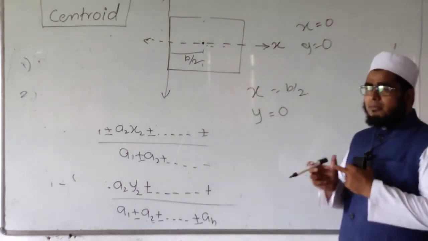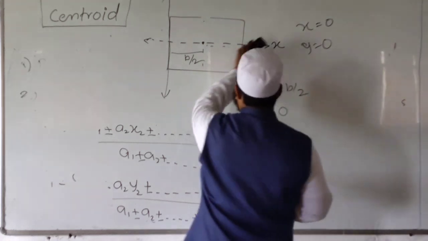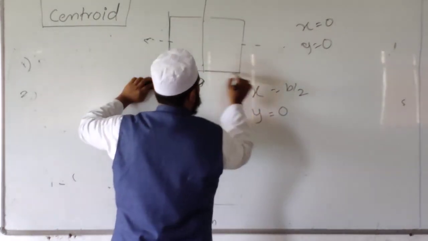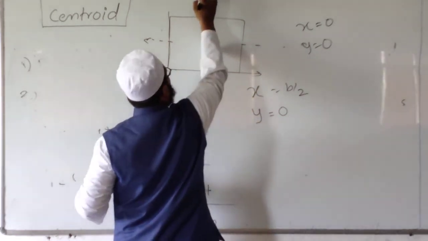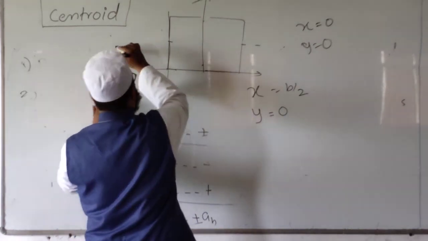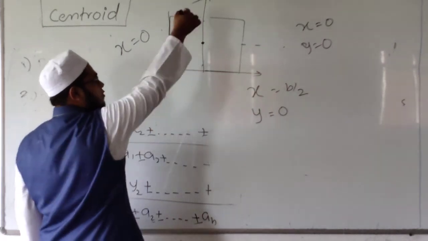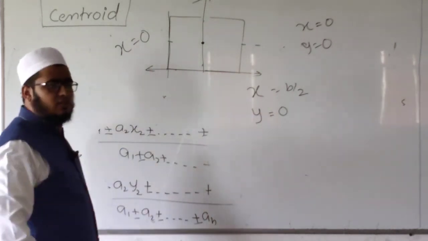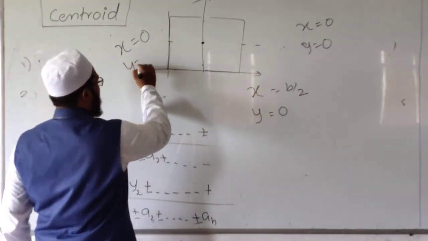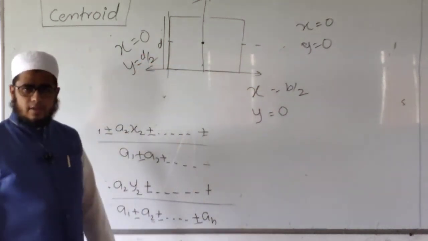If the figure is symmetrical about the x axis, the y coordinate is 0. And if the figure is symmetrical about the y axis like this, the y axis is dividing the figure into two equal parts, then the x coordinate of the centroid is 0, because the centroid is at this point which is located on the y axis. The x coordinate is the distance measured from the y axis, that's why x is 0, and y has a value of, if it is d, d by 2.